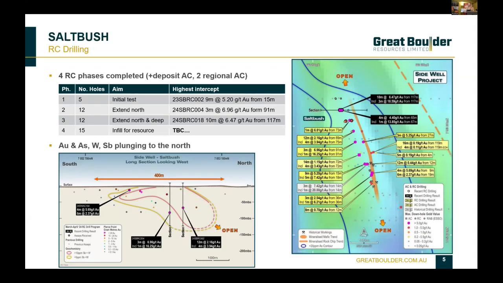And so that's why for phase 2 and phase 3, we extended further north. And it was in phase 2 that we started to realize that both the gold mineralization and the pathfinders, as you can see from this image here, were plunging down to the north. And so then in phase 3 and phase 4, we've pushed further down as well, not just north, but deeper. And phase 4 was a program for infill of a resource estimate that's still pending.